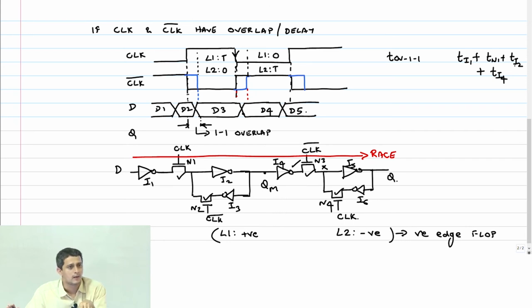Right? If I can ensure that it goes only this far, there's no problem. So what should be the inequality between the left and right hand side? T overlap 1-1 should be lesser than this. If I ensure this, then there is no problem.